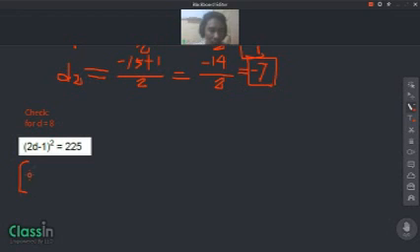So we have 2 times 8 minus 1 quantity squared equals 225.